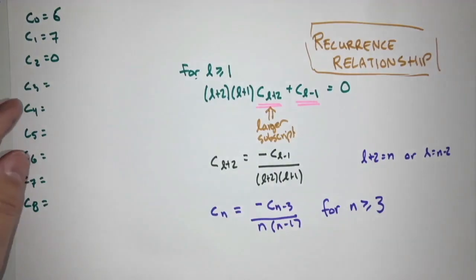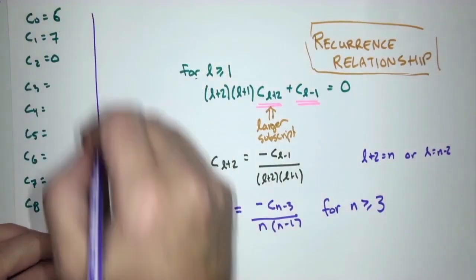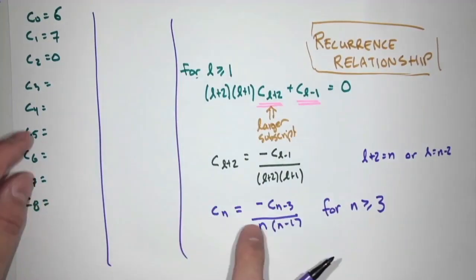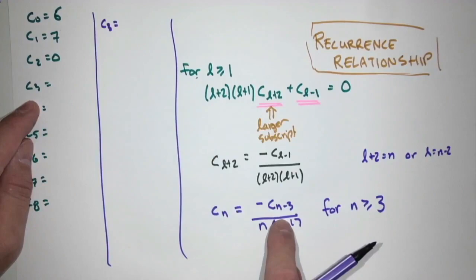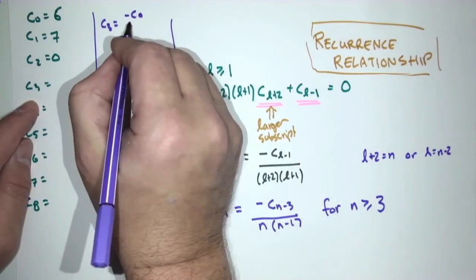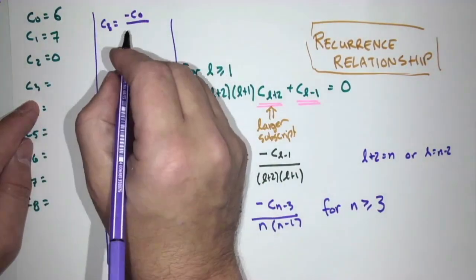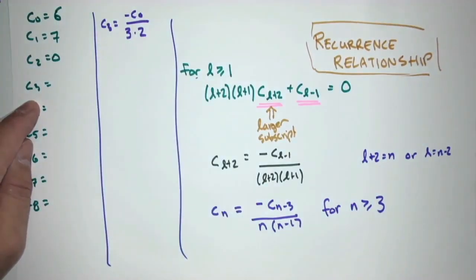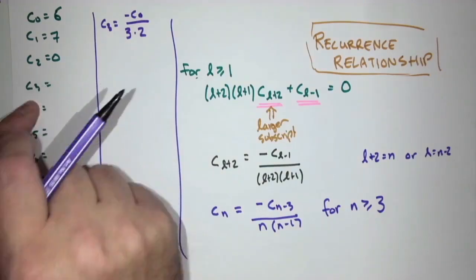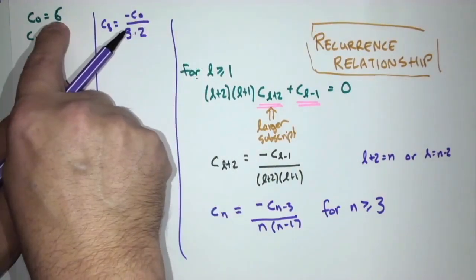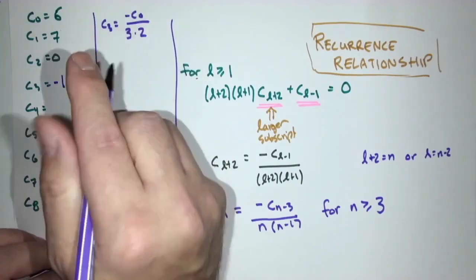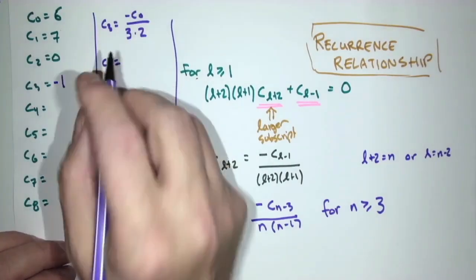So if I want to know C3, according to the rule, C3 is minus C0, because I go 3 back, divided by 3 times 2. So what does that simplify to? Negative 1. Because C0 is 6, minus 6 over 6. C4, that's n equals 4.